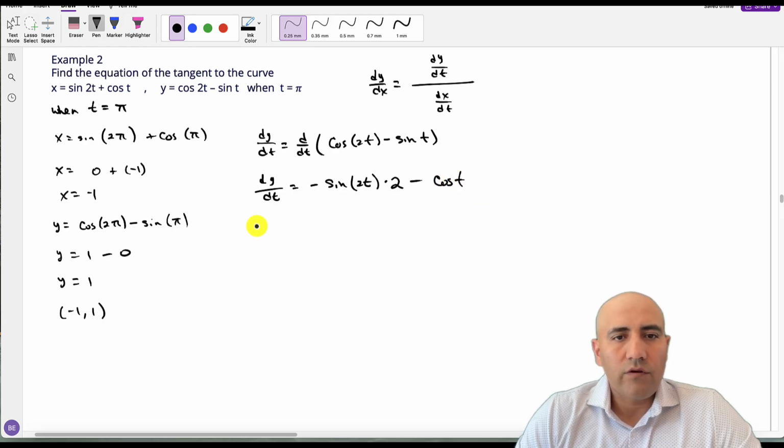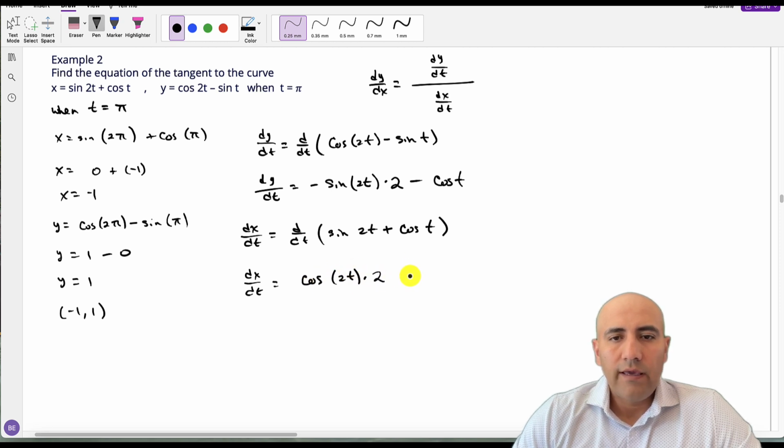And the derivative with respect to t on x, dx/dt, is the derivative with respect to t of sine 2t plus cosine of t. So dx/dt is equal to cosine of 2t times 2, and then minus sine t.